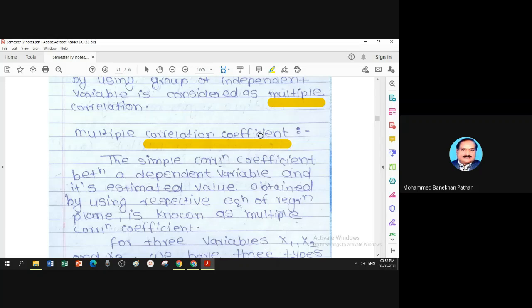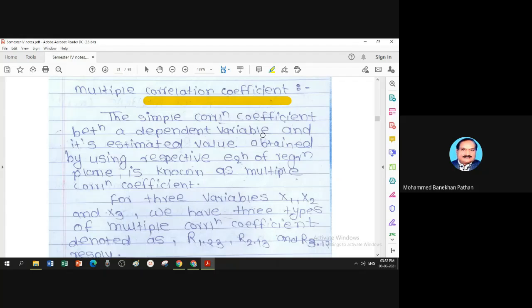Suppose x and y are two variables under study, then I define the correlation coefficient between x and y as covariance of x comma y divided by sigma x multiplied by sigma y. This is the concept of studying a correlation between two variables. So I use this concept for getting a multiple correlation coefficient, which will be defined like the simple correlation coefficient.